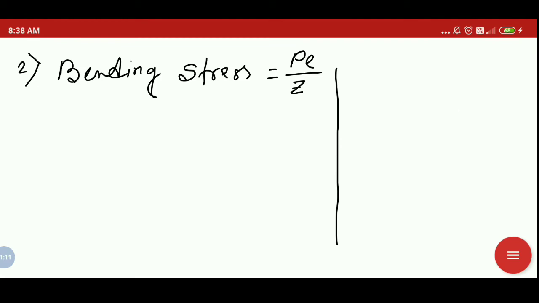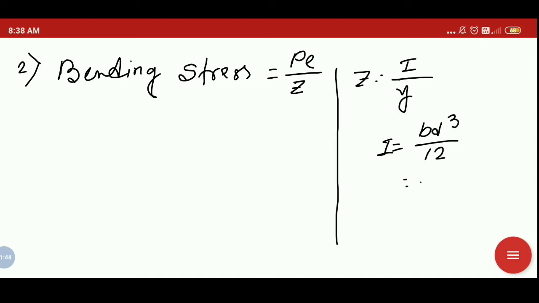Now Z equal to I by y, so I will be b d cube by 12, that is 45 into 10 to the power 7 mm to the power 4.